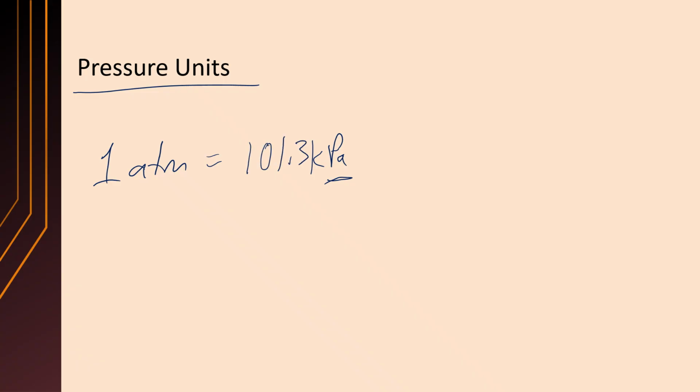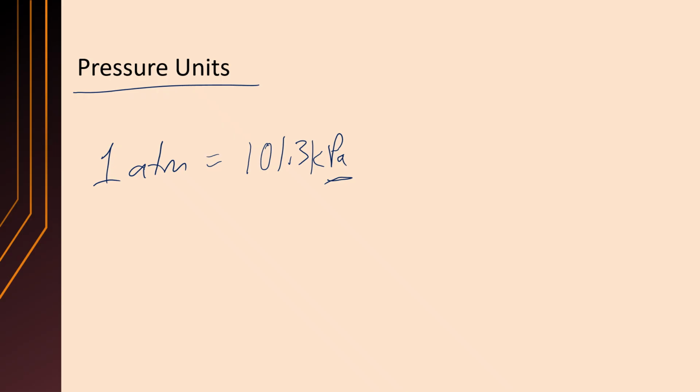Now, I just talked about standard atmospheres, and that's one of our pressure units. So we can say 1 standard atmosphere is 1 ATM. But there are other common units of pressure. We also use kPa, and pascals is actually the SI unit of pressure. But kPa is just about 101.3. 101.3 kPa is equal to 1 atmosphere.